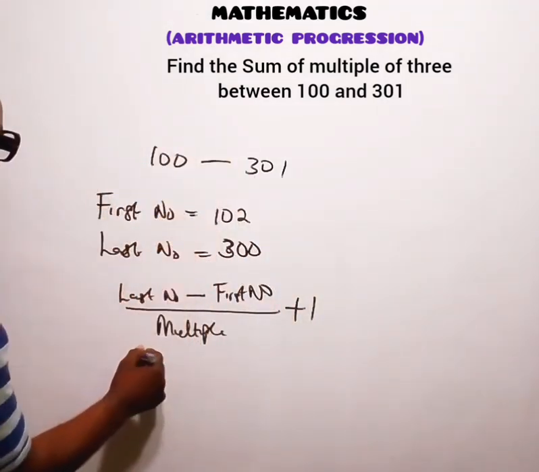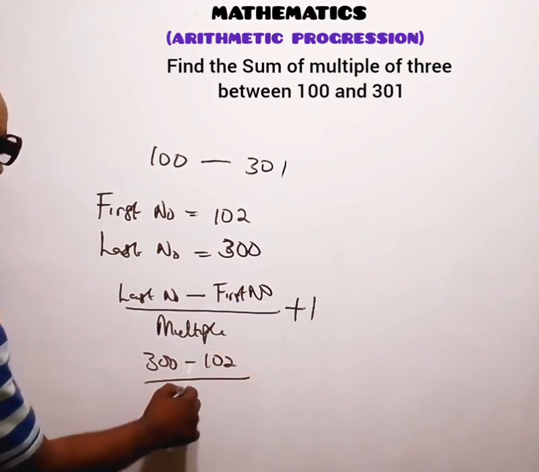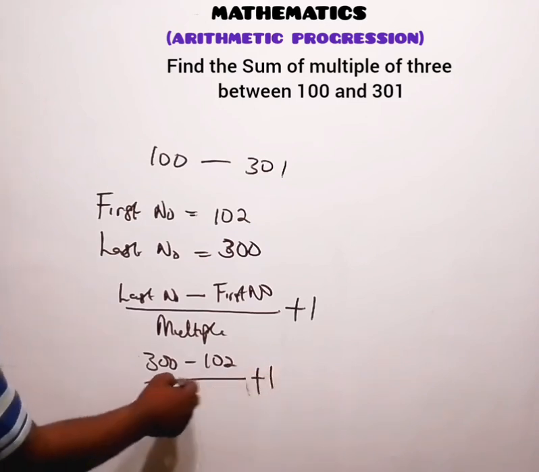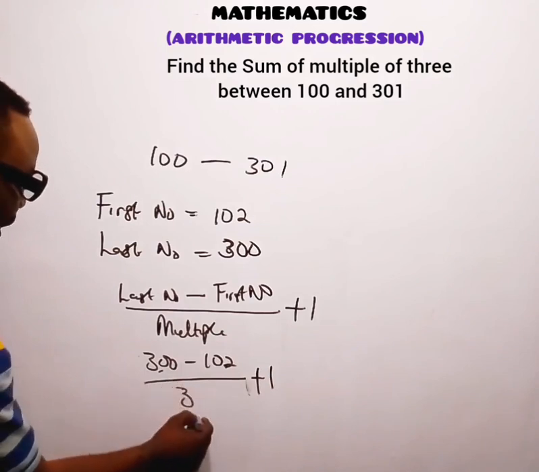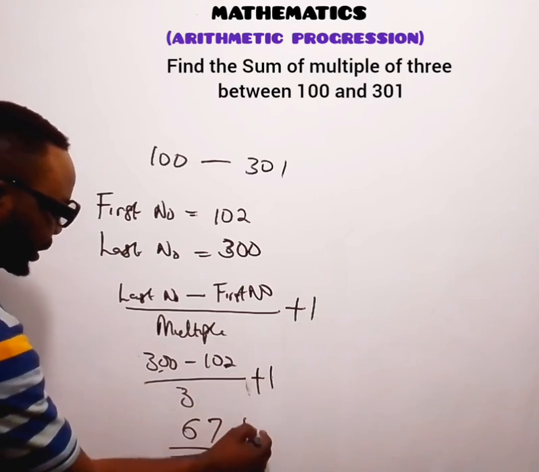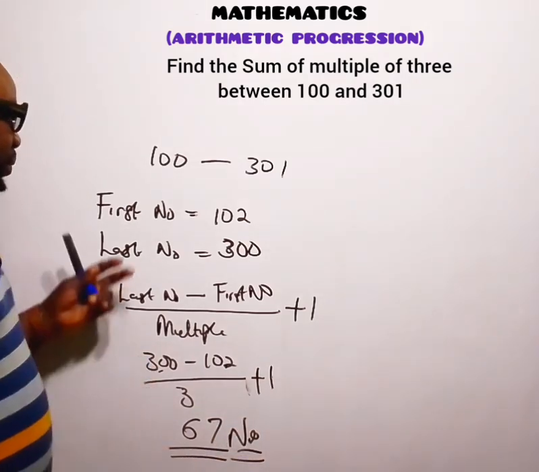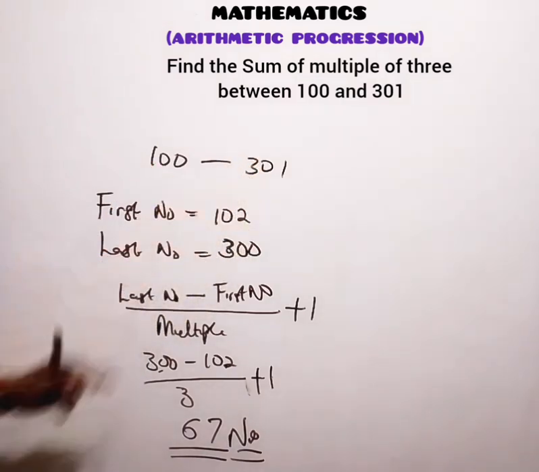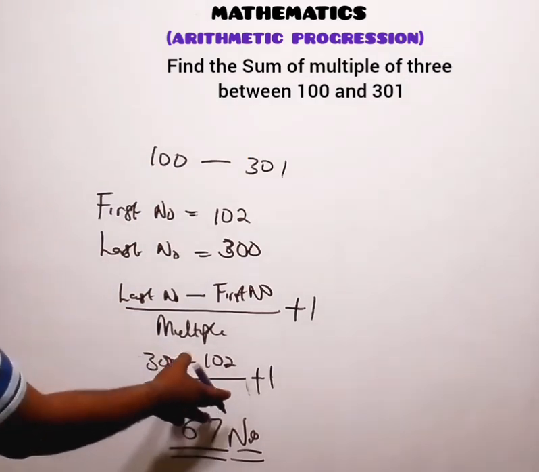So this is going to give us 300 minus 102 over 3 plus 1. 300 minus 102 divided by 3 gives us 66, plus 1 will give us 67 numbers. So now we have 67 multiples of 3 between 100 and 301. If you check it very well, that is what you are going to get here.